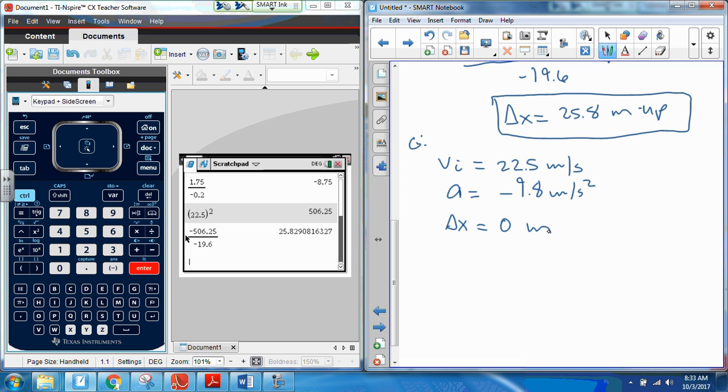Okay, so I started throwing it 22.5 meters per second up, right? Gravity worked for however much time it took to get to the top to get it to 0, right? Gravity then had the same amount of time to accelerate it down, right? Did the acceleration change? No, it stayed the same the whole time. So that means that the final velocity, since it was caught at the same height, is going to be just the negative of whatever the initial velocity was.